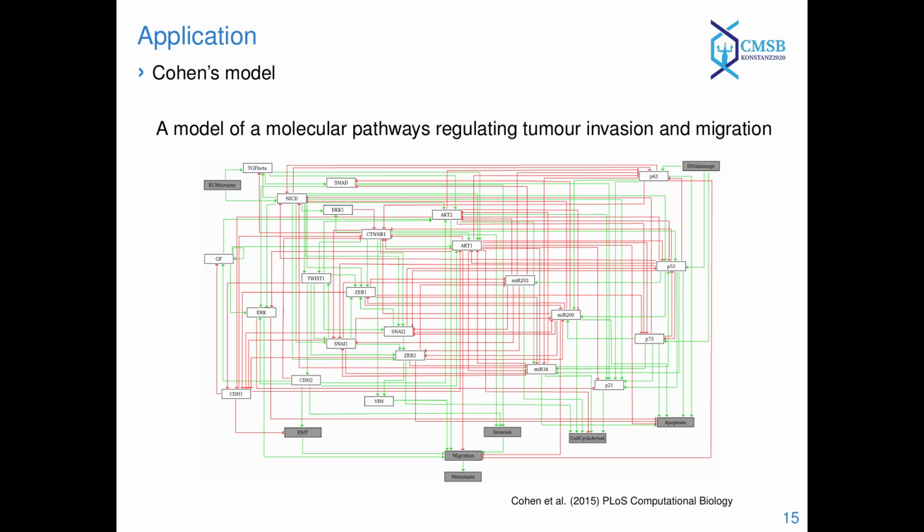Then, as output, we have different cell fates. We have the activation of the epithelial mesenchymal transition, invasion, and migration, which will lead to metastasis. We also have cell cycle arrest, and we have apoptosis.